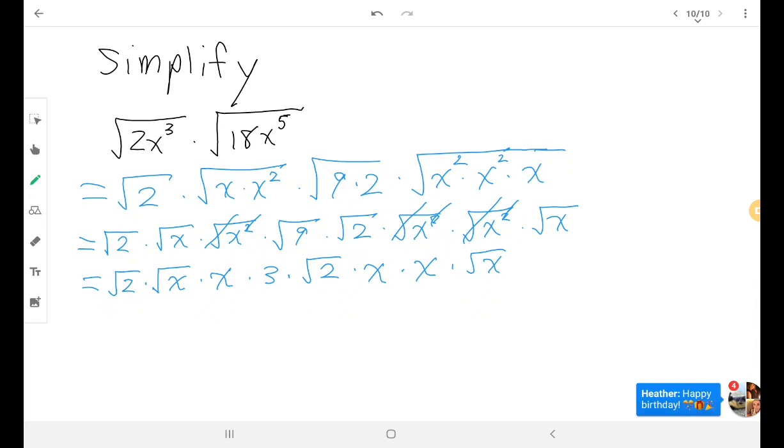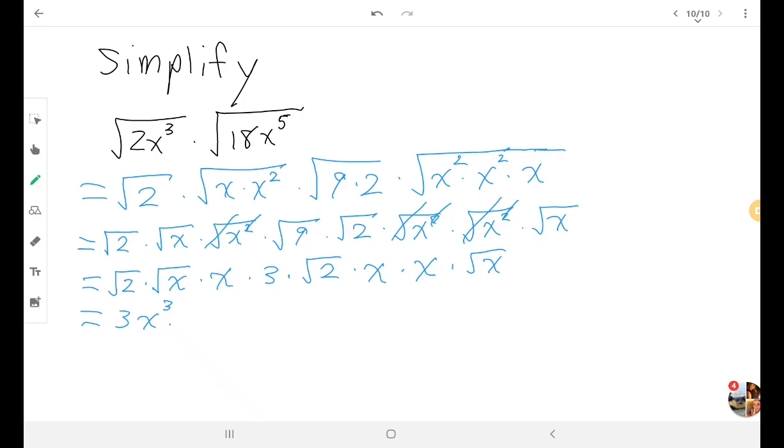So now let me take my numbers and my single x's and put them all out front, because there's clearly nothing else I can do with them. So that's 3 times x times x times x is x to the 3rd power.